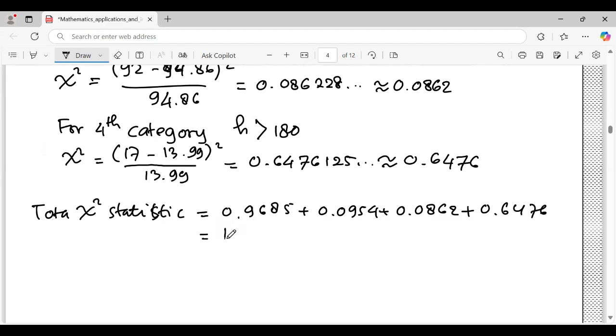The result is 1.7977, or to two decimal places, 1.80.